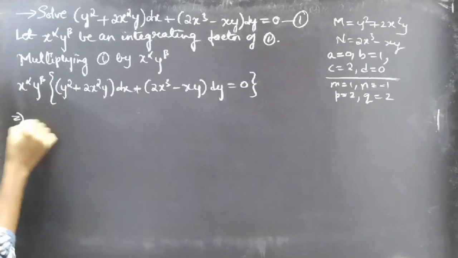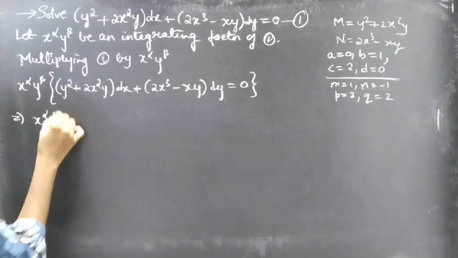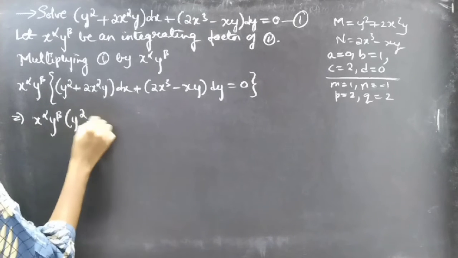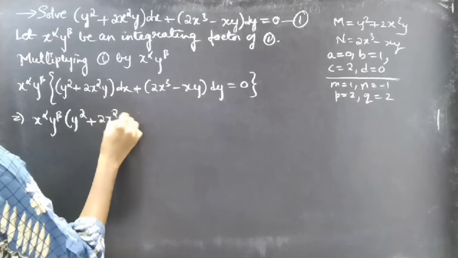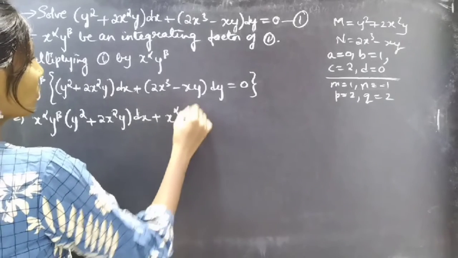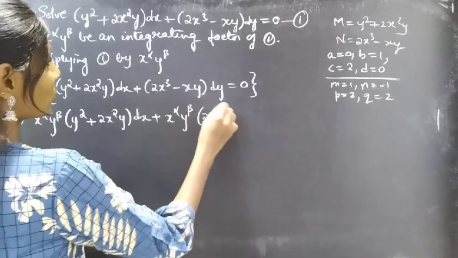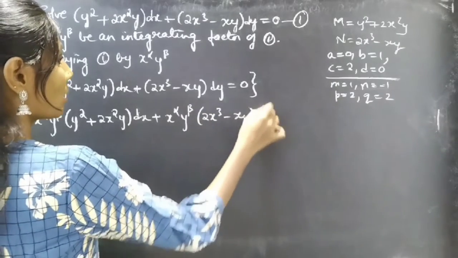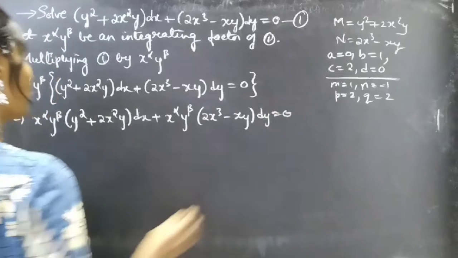This gives us x power alpha y power beta into (y square plus 2x square y) dx plus x power alpha y power beta into (2x cube minus xy) dy equal to 0, right?